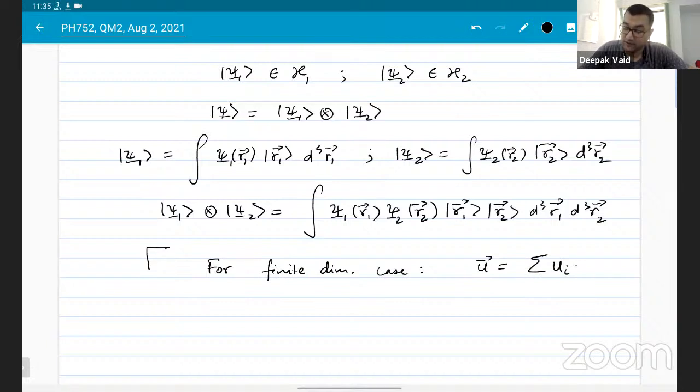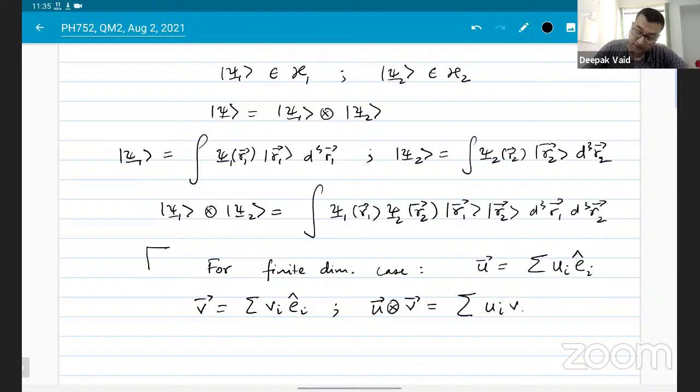For instance, your basis state, we'll write it as e of i hat. So for instance, e of i could be x, y, z hat, right? And similarly, v is equal to v of j times e of j hat, right? So then what is this u tensor v? U tensor v is u i v j e i e j, like this, sum over i and j.